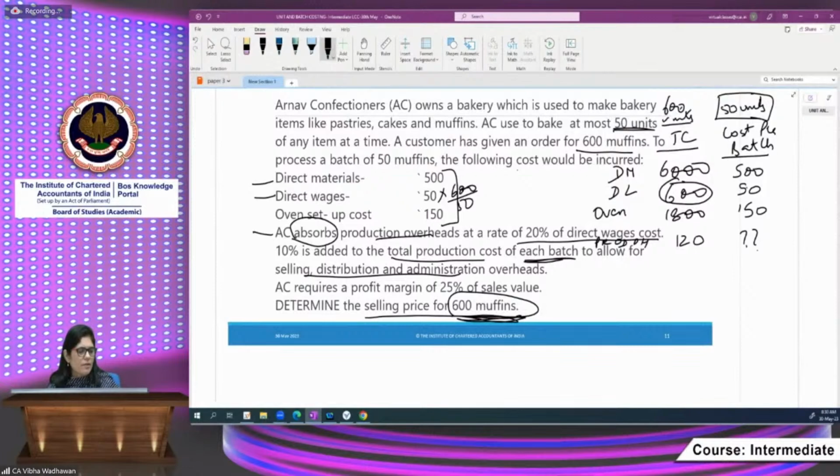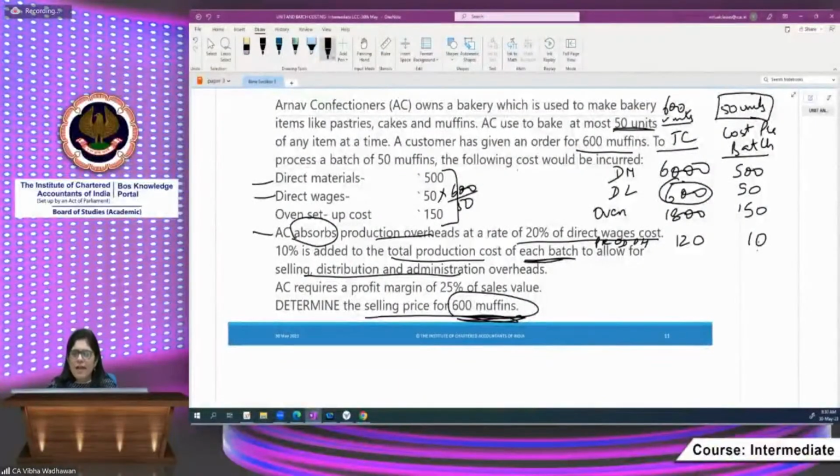Come on. See, this will clear your concepts, how to calculate both ways. Production overhead is 20% of wages cost. Can you calculate production overheads per batch? It has to be 10. Clear? You have to calculate cost per batch simultaneously also.